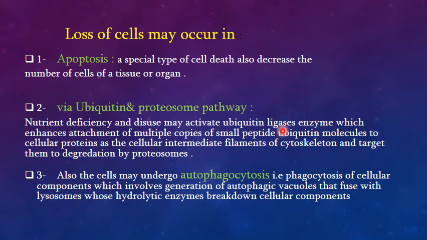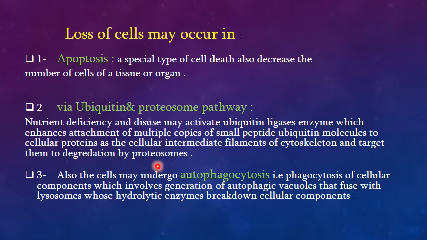What are these enzymes? These enzymes enhance attachment of multiple copies of the small peptide ubiquitin molecule to cellular proteins, such as the intermediate filaments of the cytoskeleton, and target them for degradation by proteasomes.